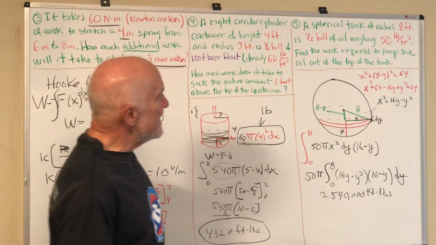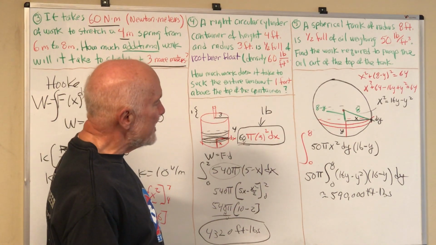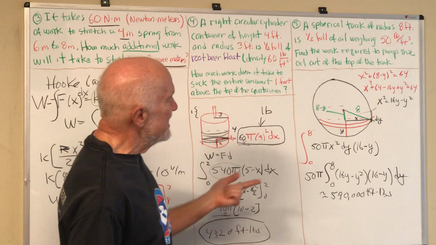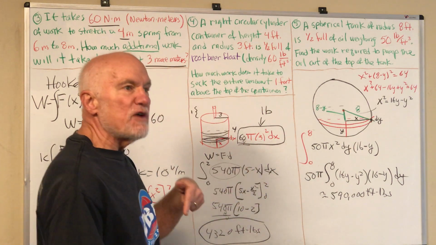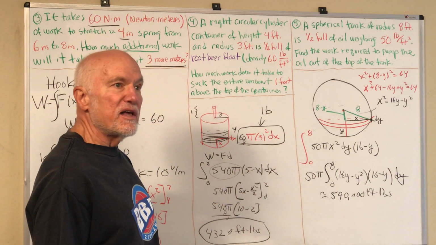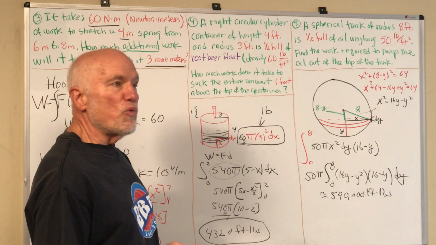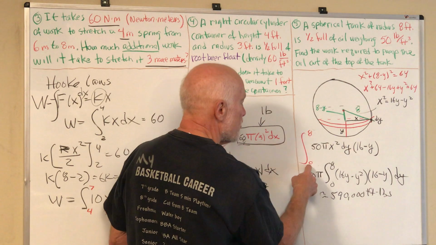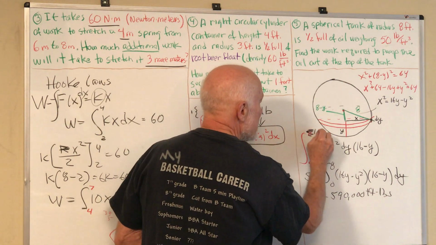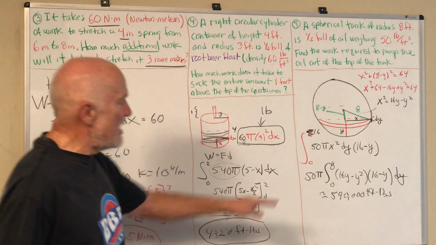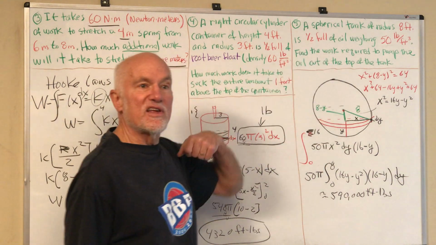Now, instead of doing the calculation, I'm just going to go really quickly and tell you what would happen differently if that tank was full instead of half full. Think about it a second. Wouldn't the only difference be instead of 0 to 8, you'd go 0 to 16? You just have to add up more slices.